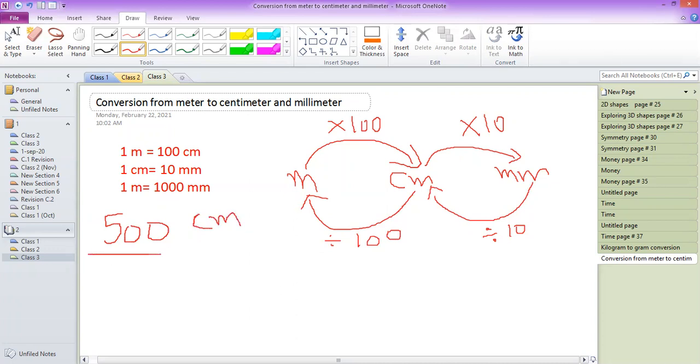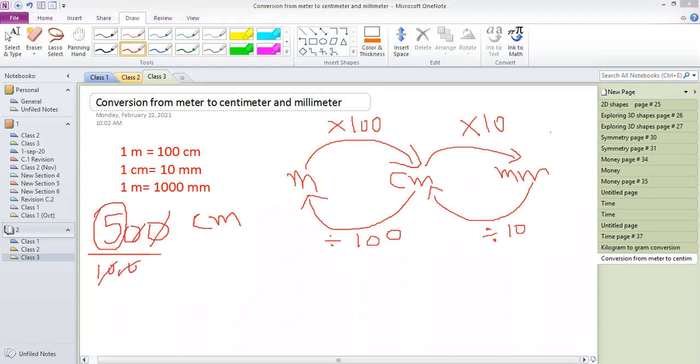So simply you will divide by 100. The zeros cancel, and the answer is 5. So you will say, sir, 500 centimeter is equal to 5 meter.